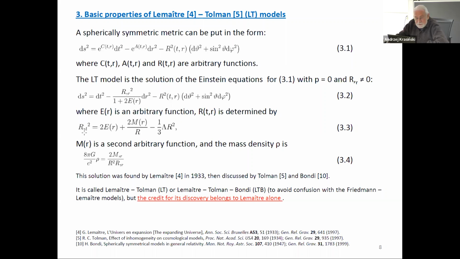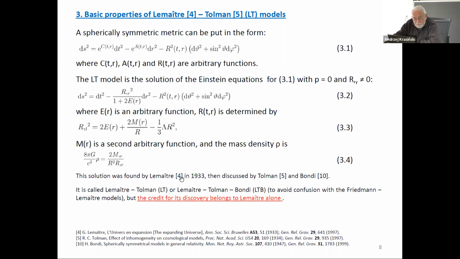Well, you can see it's really an ordinary differential equation with the integration constants being not constant but functions of the coordinate r. Lambda is the cosmological constant. Now m is a second arbitrary function, and this is the formula here for mass density.